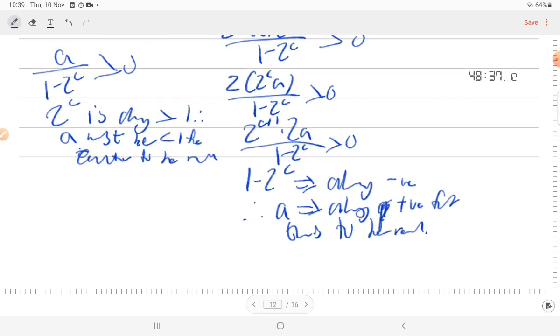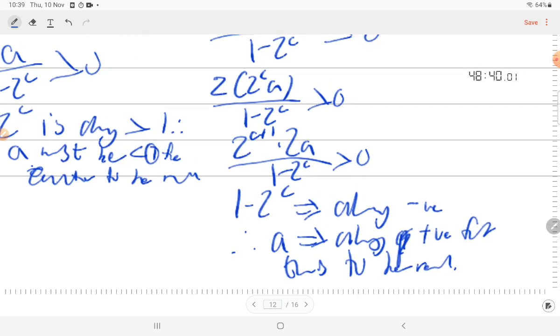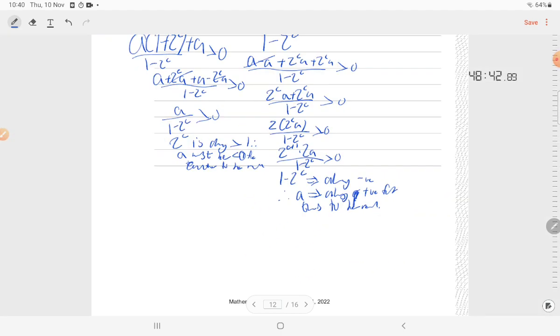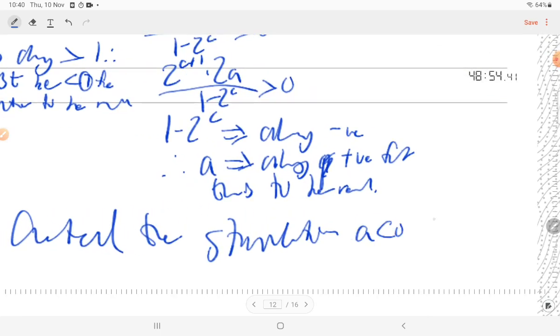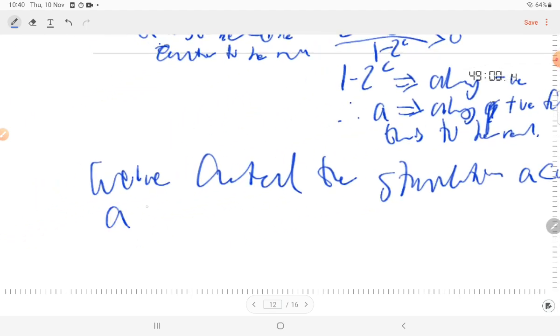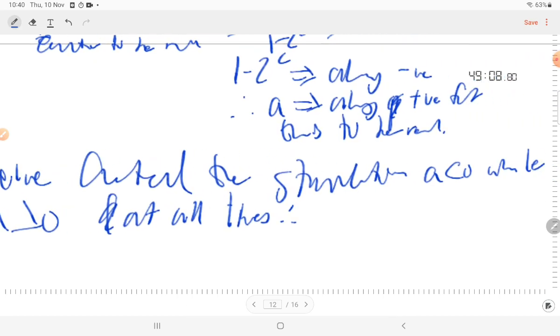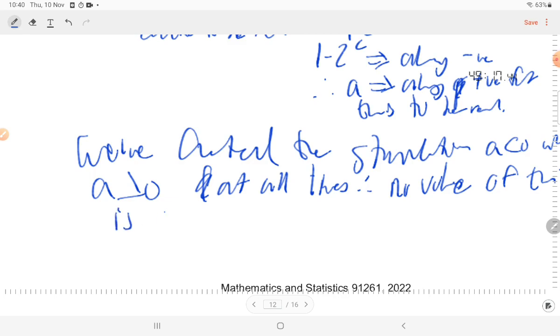But I think I should say we've created this stipulation: a is less than 0 while greater than 0 at all times, so no value of this is real.